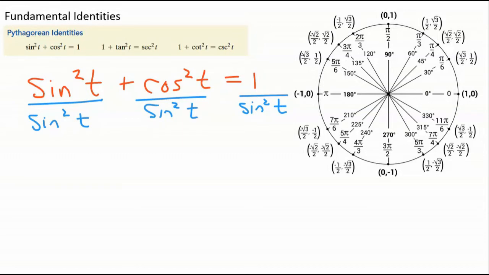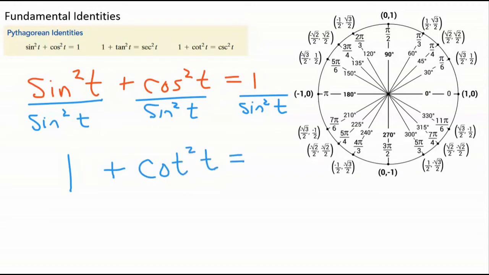Well, we know sine squared of t divided by sine squared of t is 1, plus. Now, cosine squared of t, remember there's two of them. It's cosine of t times cosine of t divided by sine of t times sine of t. Now, cosine of t over sine of t, we know is cotangent. But since this happens twice, that's cotangent squared of t.